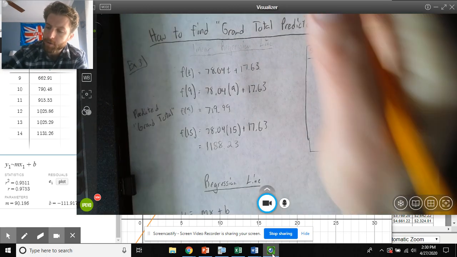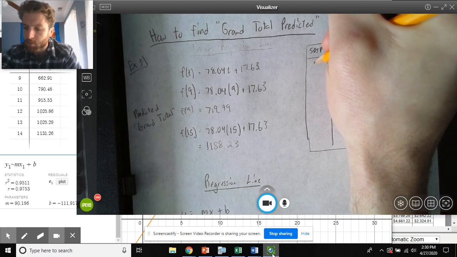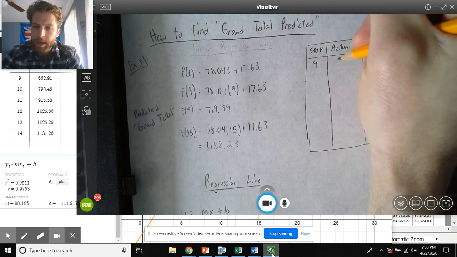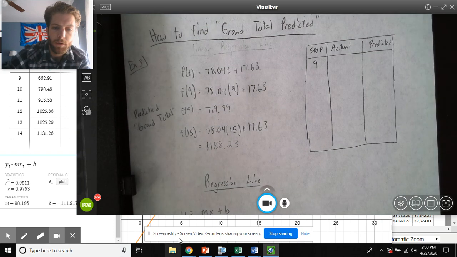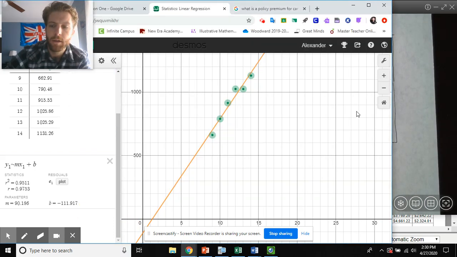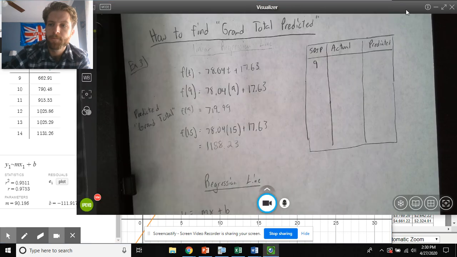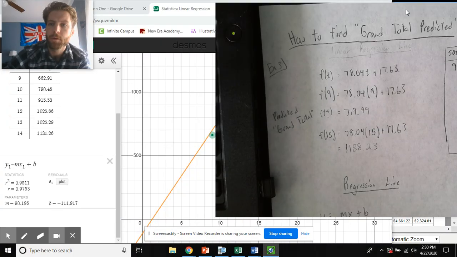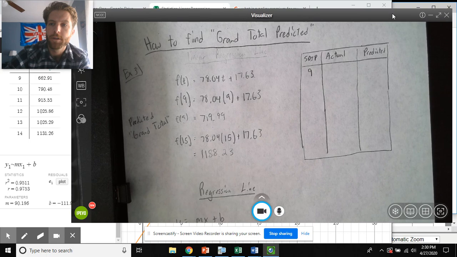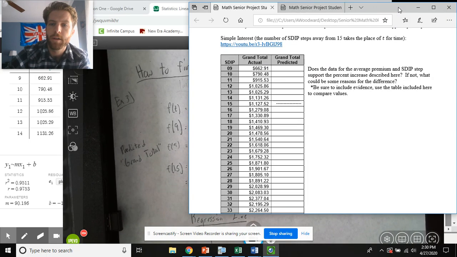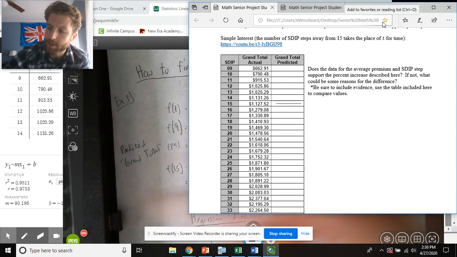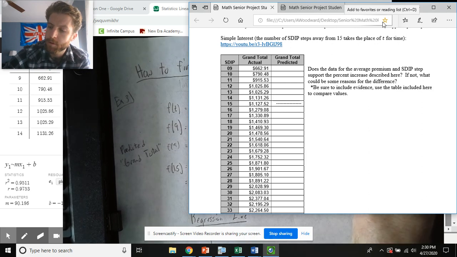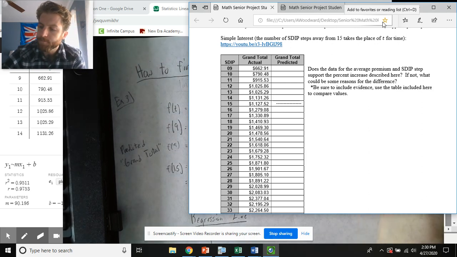Okay, I'll go over the first one. The first SDIP level was 9, and the actual value, let me look back real quick. Sorry, guys. The actual is 662.91. Okay.